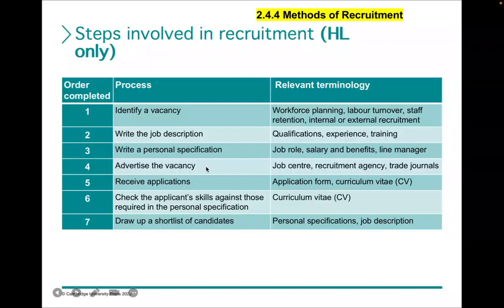Advertise the vacancy, receive applications, check the skills against those required in the personal specification, draw up a short list because you could maybe have 200, so you have to do a quick checking of the CVs based on a superficial quick glance and get rid of those who don't meet the basic requirements that you've set.